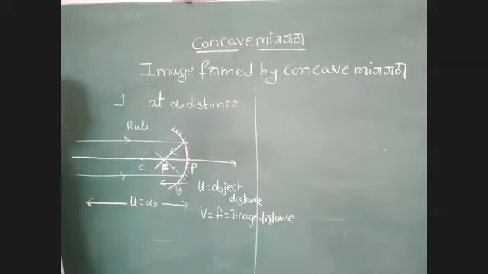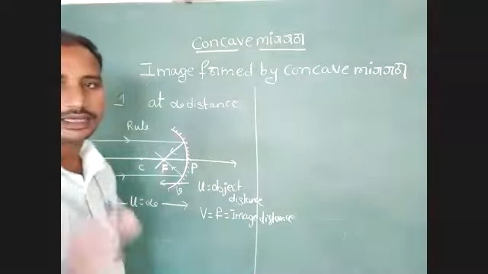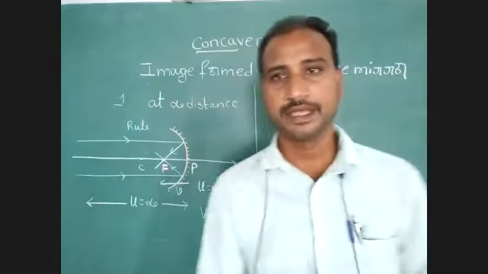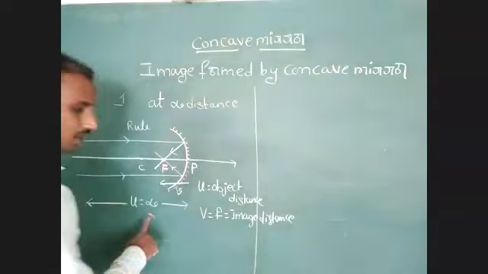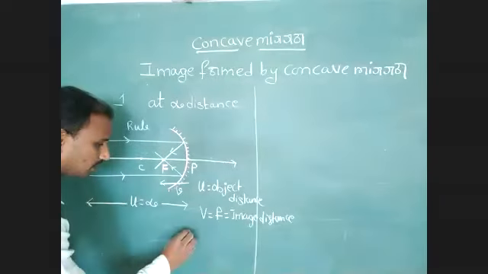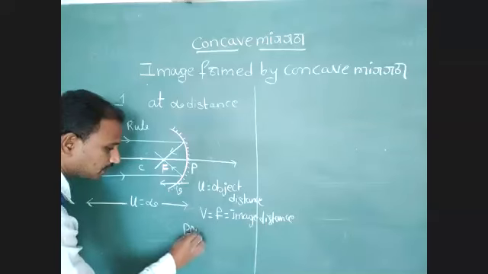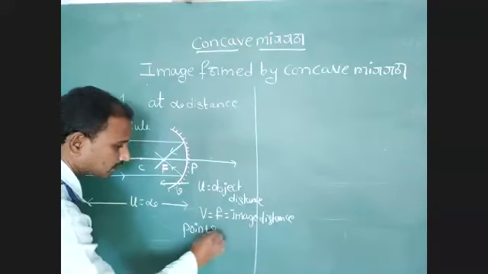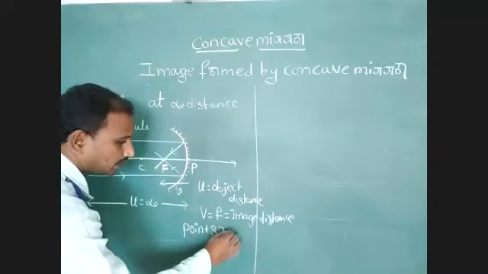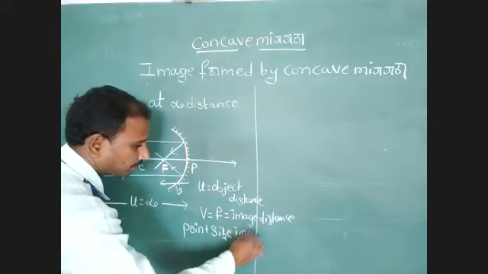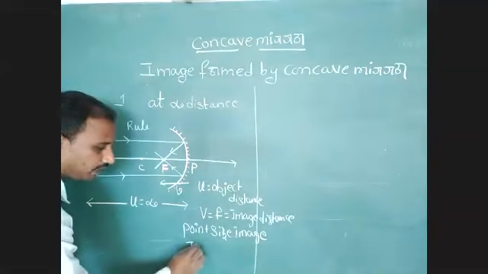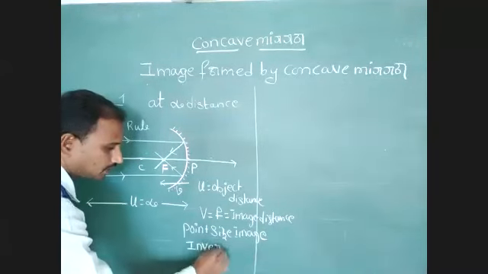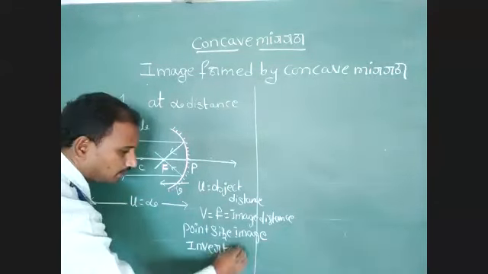Next, you have to find the characteristics of the image. This image is a point size image. Which size? Point size. Next, this image is an inverted image.